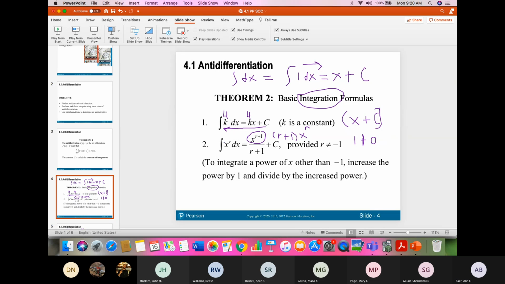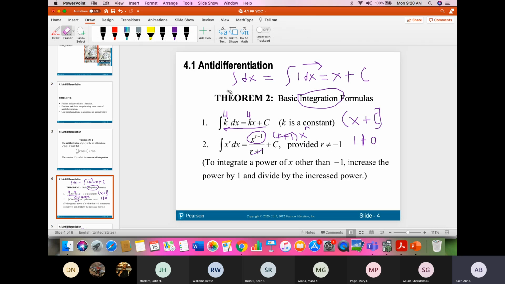So we know we need to do something else, and that something else is we have to divide by r plus 1. Because if we divide by r plus 1, this will cancel this, and then we will have just x to the r. I better erase this because I don't want you to think that I'm crossing that out for good. I just wanted to show you how it cancels. Let me go get the eraser and clean this up.